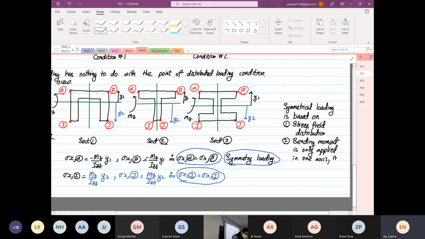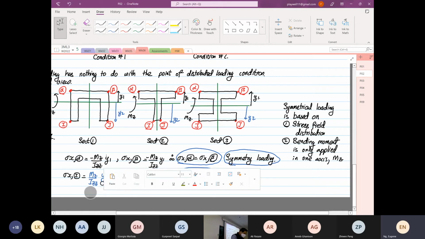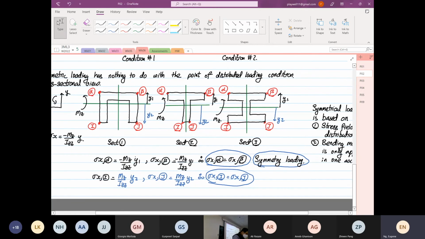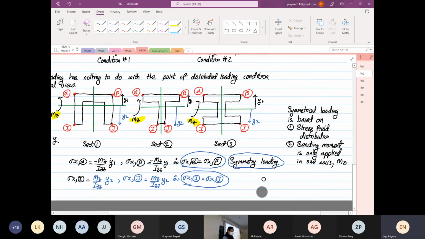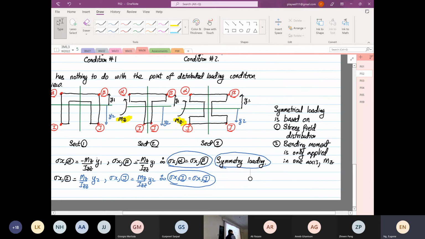So for this case it is mz, right? So the moment over here for all three of them, they are all only in what? Mz. If you have two moments acting on it, that is unsymmetry. That we'll do next week.